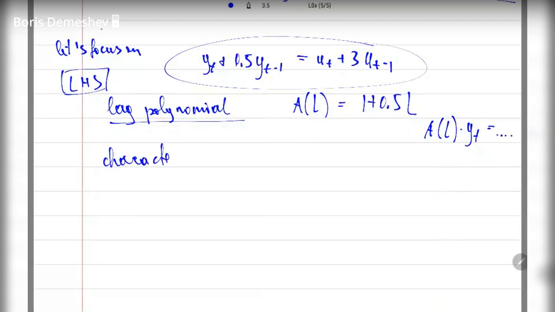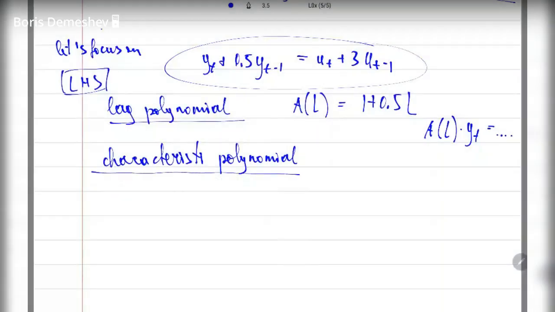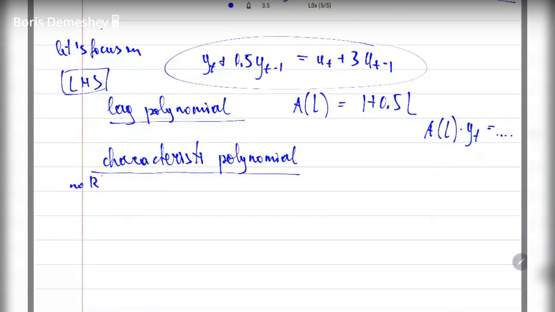And we have a characteristic polynomial. What is a characteristic polynomial? Assume for the moment no right-hand side, that the right-hand side is equal to 0. We have hence an equation of type y_t plus 0.5 y_{t-1} equal to 0.